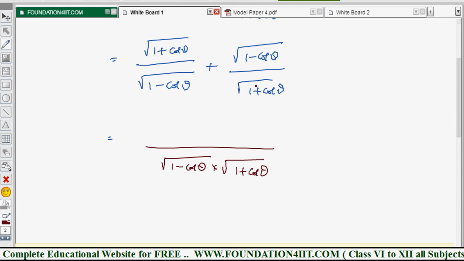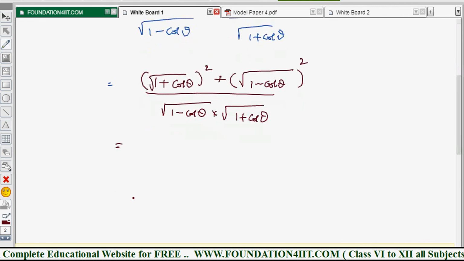The numerators get multiplied: 1 plus cos theta into the same root, so whole square, plus square root of 1 minus cos theta whole square. Square and square root get cancelled, then 1 plus cos theta plus 1 minus cos theta in the numerator.